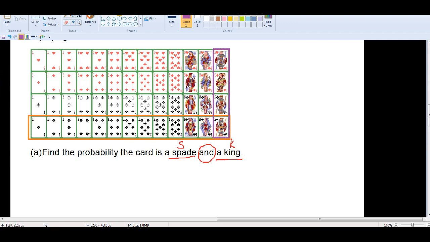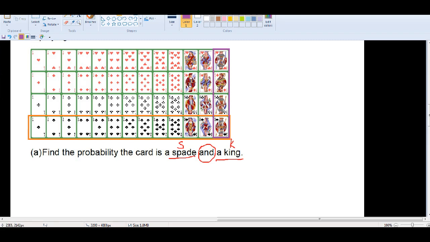So how many spades are there? There are 13 spades. How many kings? There are 4 kings. Is there any card which is both a spade and a king? Yes, that's one. That's called the spade king.